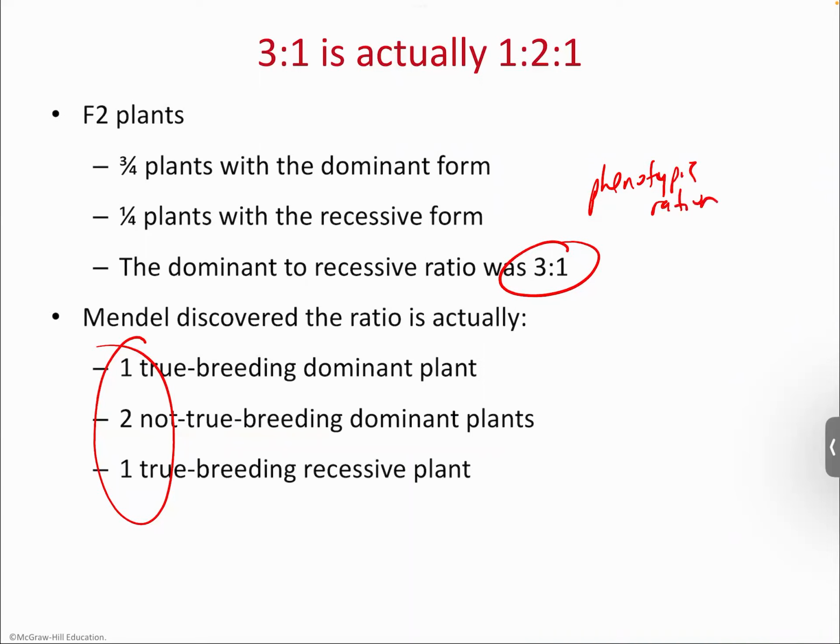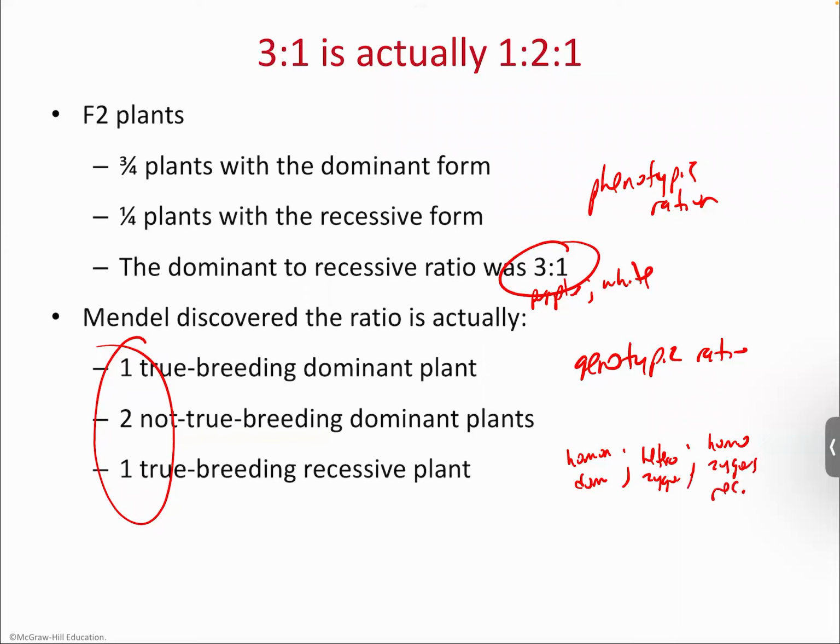This is purple to white, or dominant to recessive. And then you have your genotypic ratio, which is your homozygous dominant to your heterozygous to your homozygous recessive, which he found to be 1 to 2 to 1.